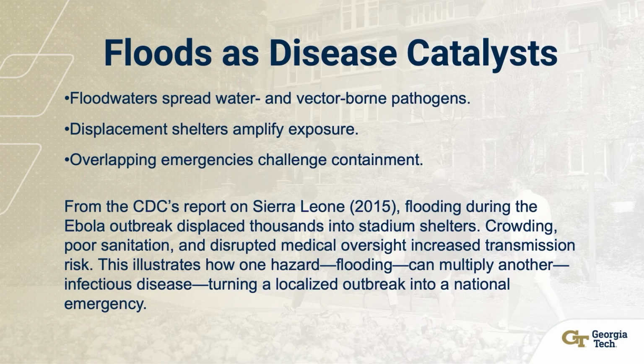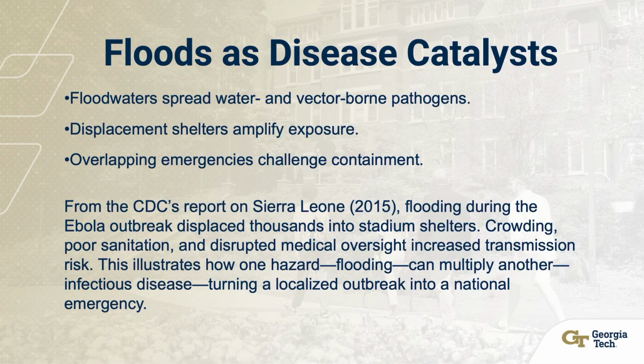A key example would be Sierra Leone in 2015, when flooding during the Ebola outbreak displaced thousands into stadium shelters. This crowding and poor sanitation ultimately disrupted medical oversight and increased transmission risk. So we had an increase in the transmission of a communicable disease because of a flood that forced people into closer quarters, and ultimately reduced the ability to manage the spread of that outbreak.